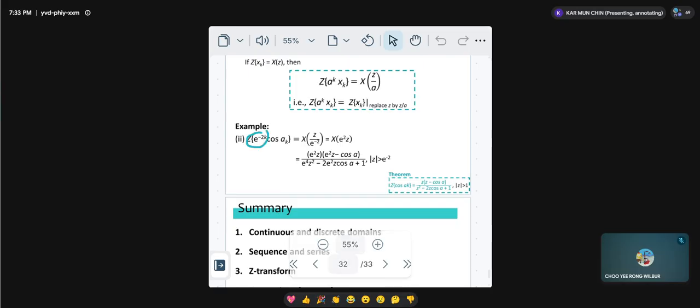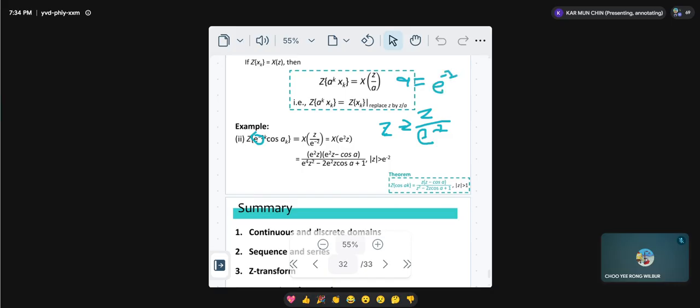This is the term, so you know that you need to replace z with z over exponential negative 2, the whole term, because a in this case is exponential negative 2.